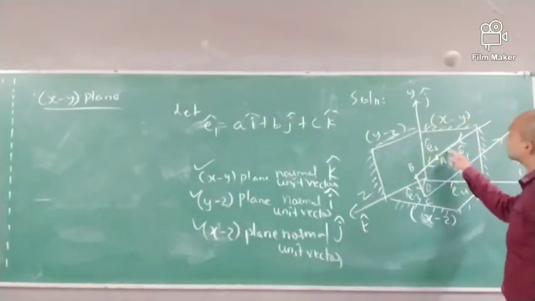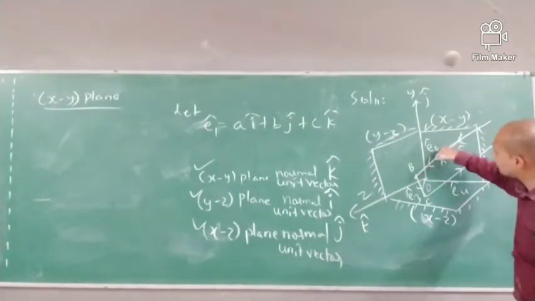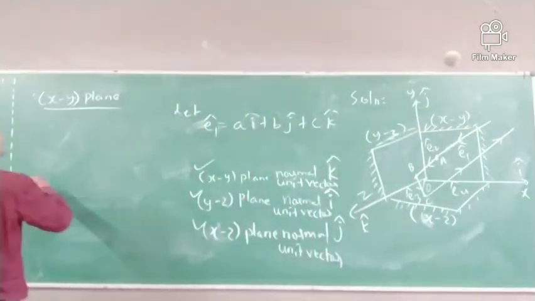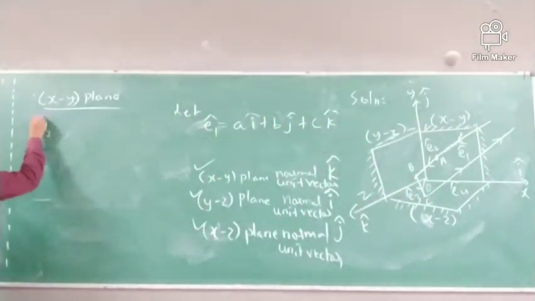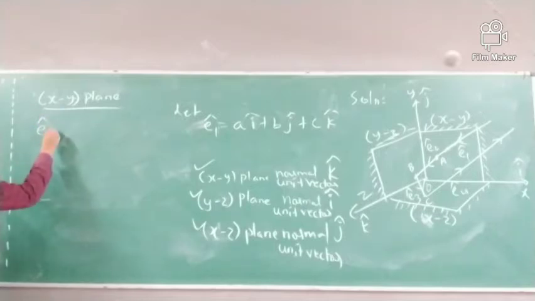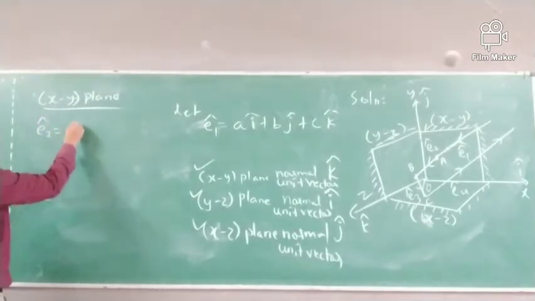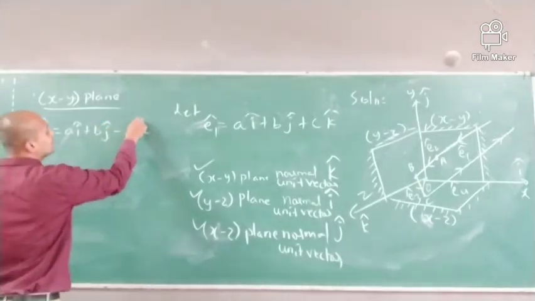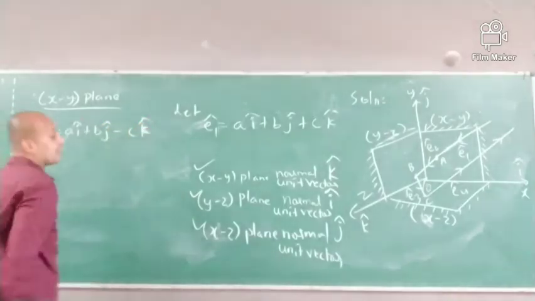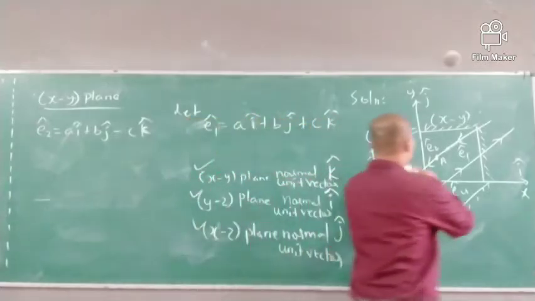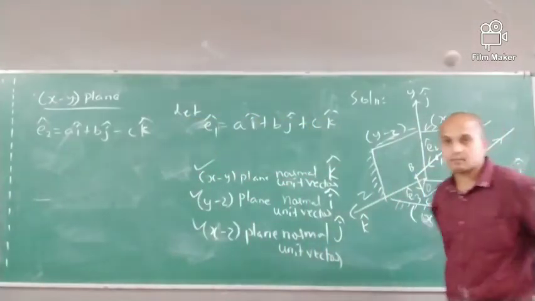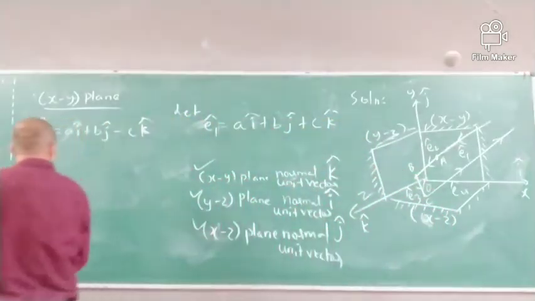Which component is changing? The normal component, which is K cap. So K cap will become minus K cap. So after reflection through the XY plane, E2 will become A I cap plus B J cap minus C K cap. Why minus C K cap? What is the normal component, normal to the plane of this mirror? That is K cap. Correct?